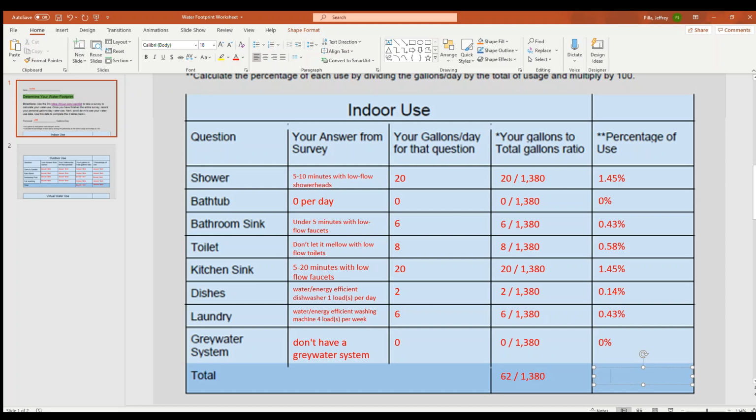For the percentage of use, you're going to calculate what this ratio percentage is. So let's do that real quick. All right, let's do 62 divided by 1,380 times 100, and I came up with 4.49%.